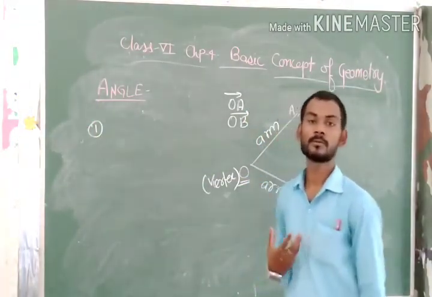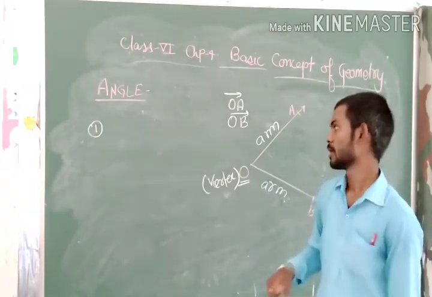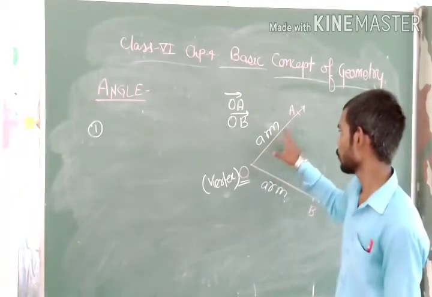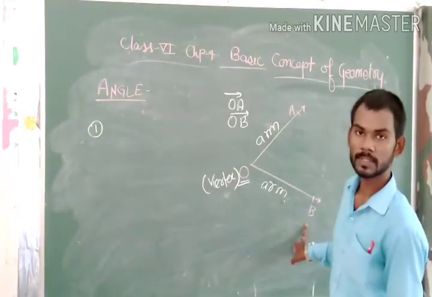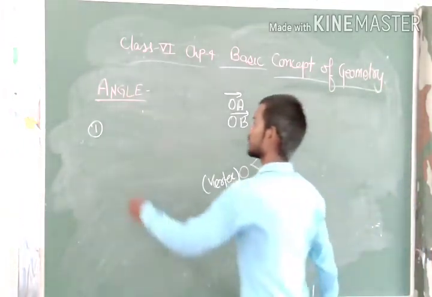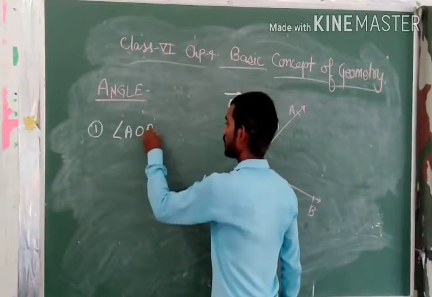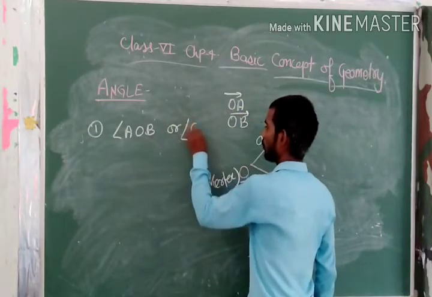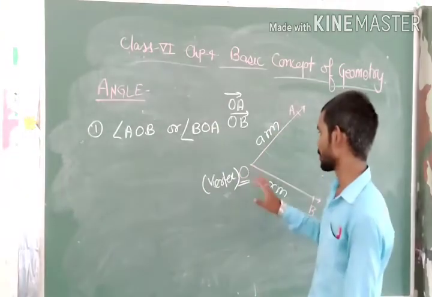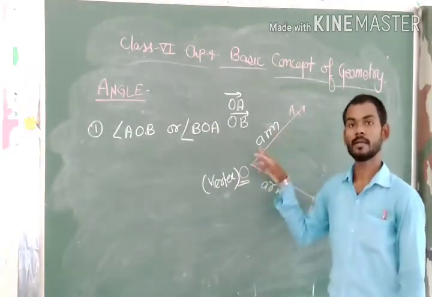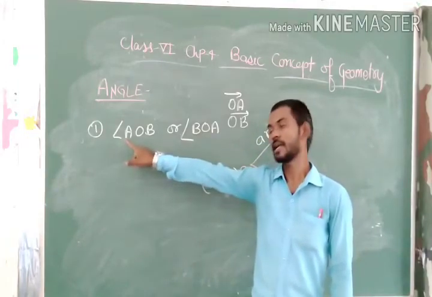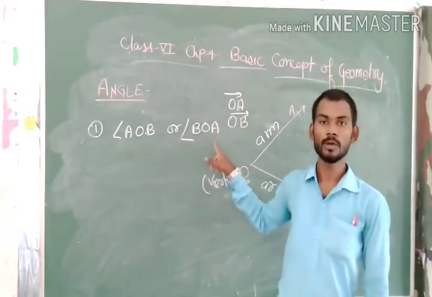The first method for naming an angle is that if O is the vertex of an angle and OA and OB are two arms of the angle, then we give the name of the angle as angle AOB or angle BOA. Here the symbol represents an angle.